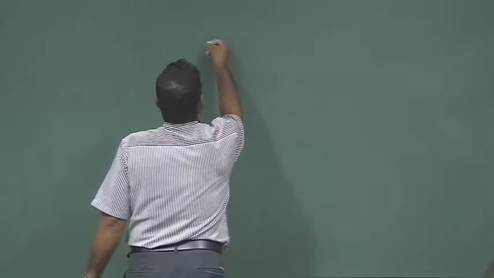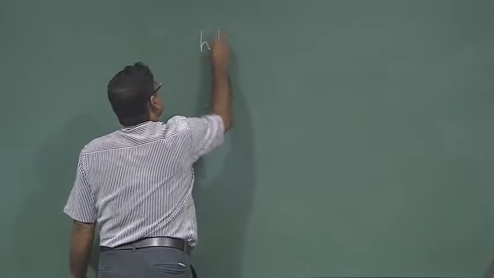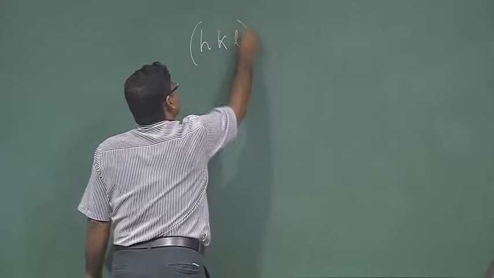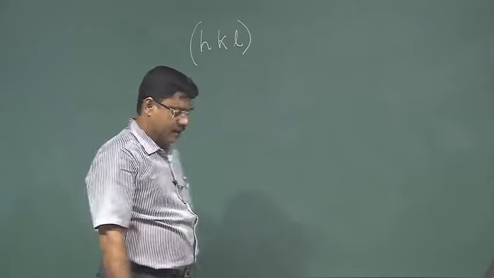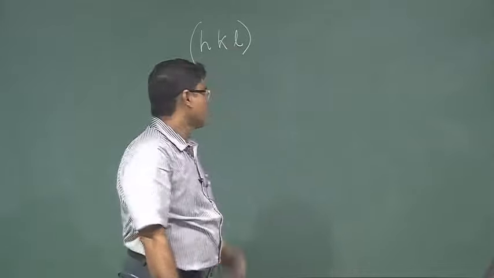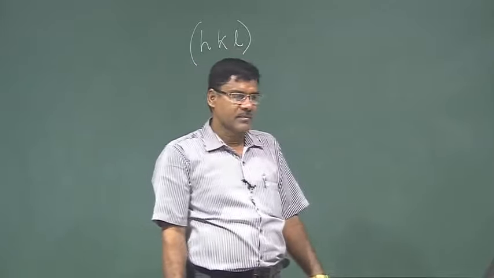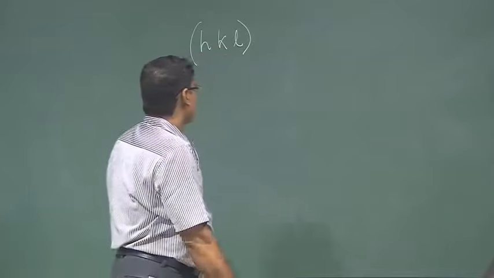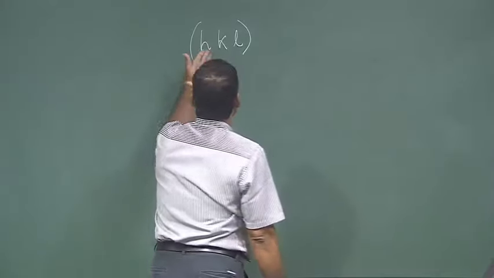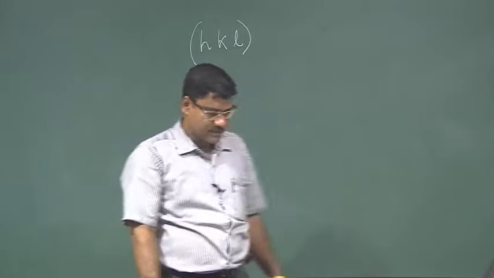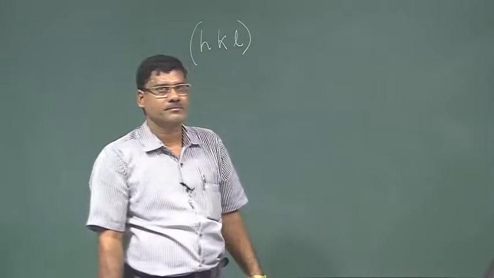So, this h k l is basically the Miller indices, put in a first bracket, representing the crystal planes. The Miller indices values are basically integer values.